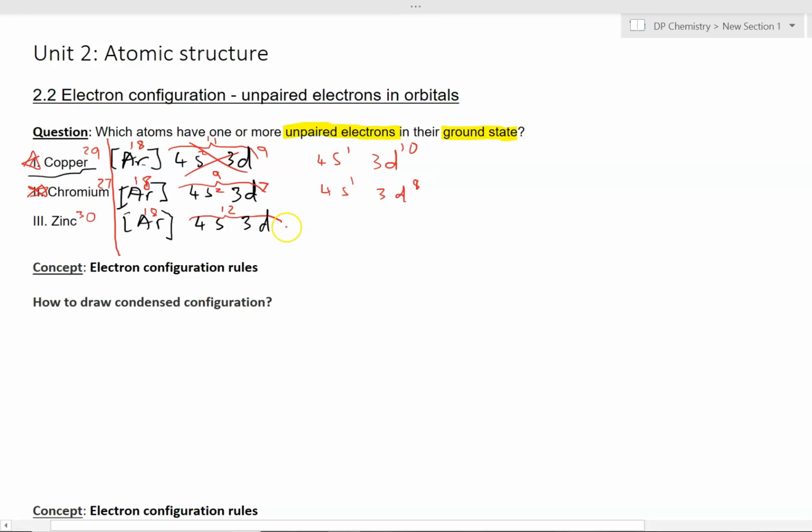These are just exceptions that you have to memorize. Zinc is not an exception. You have 12 electrons left between the 4s and 3d orbitals, and it would be 4s2 3d10. Now you can probably guess that copper will have an unpaired electron because look, there's only one electron in this orbital. Zinc will not. So your answer is 1 and 2.